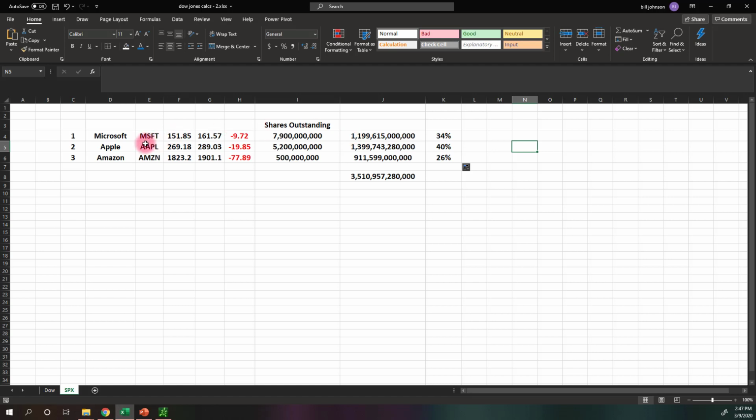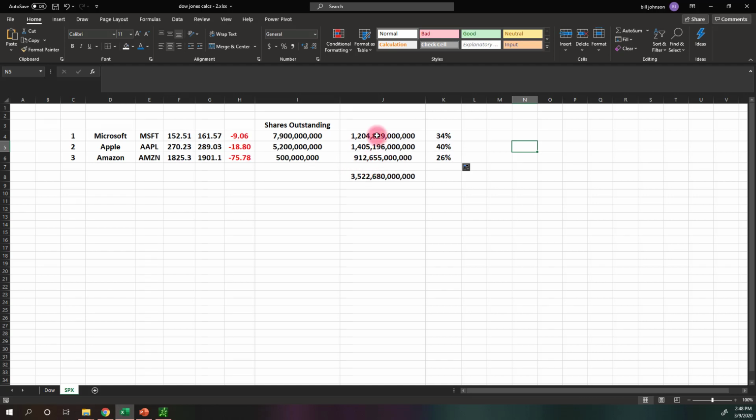For Apple, trading for 269, let's call it, with 5.2 billion shares outstanding, it has a market cap of almost 1.4 trillion. And then finally, Amazon, trading for 1822, only has about 500 million shares outstanding. So if we multiply those numbers out, we get about $911 billion.